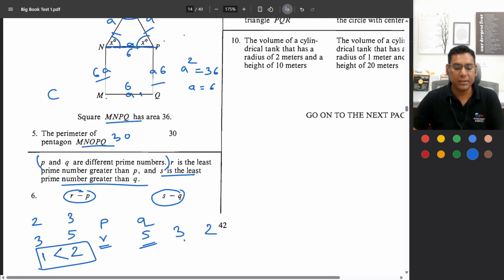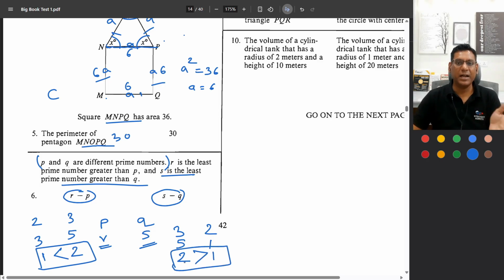So I could have taken the same numbers and gotten the same numbers as the result, but in that case the answer would have been different, correct? So we can't really determine because they have not told us which of these original prime numbers P and Q is bigger. So the answer is going to be D.